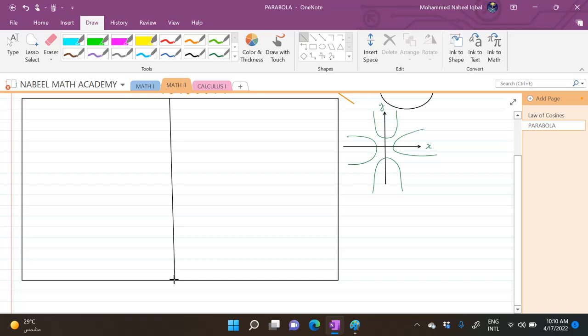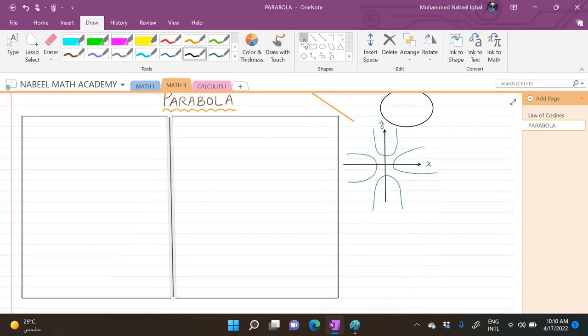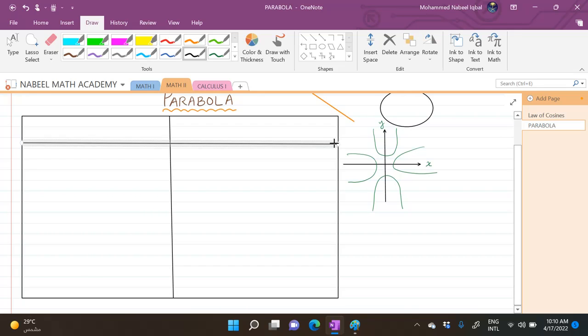I will divide into only two types of parabola. In some books they have given four types, but we will discuss only two types. Number one, the standard type of the parabola is x minus h whole square equals 4p times y minus k.